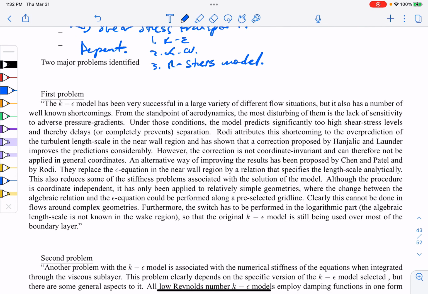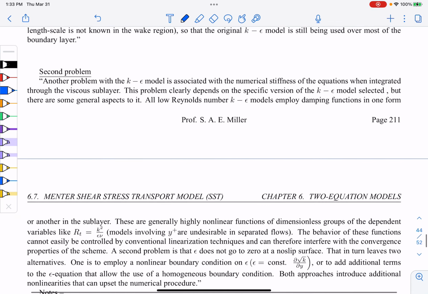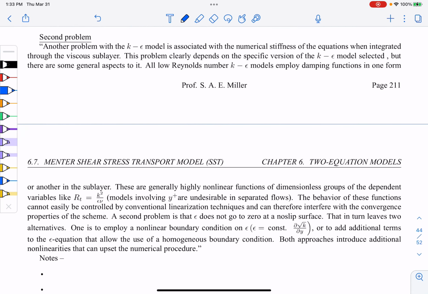And this is his quote about the 2 problems I discussed. I'll let you read that on your own, in the interest of time. And here's the second problem. And I've already talked about some of the major notes about this model.